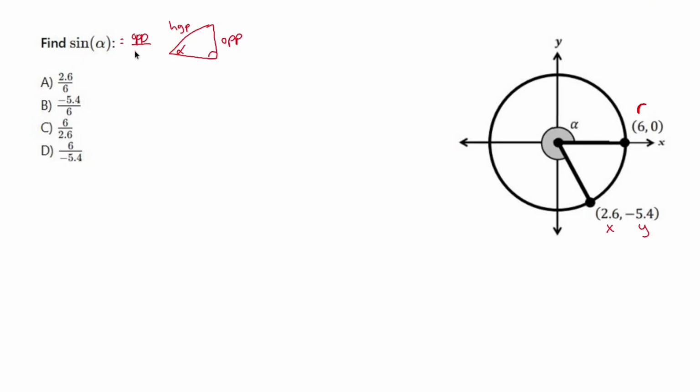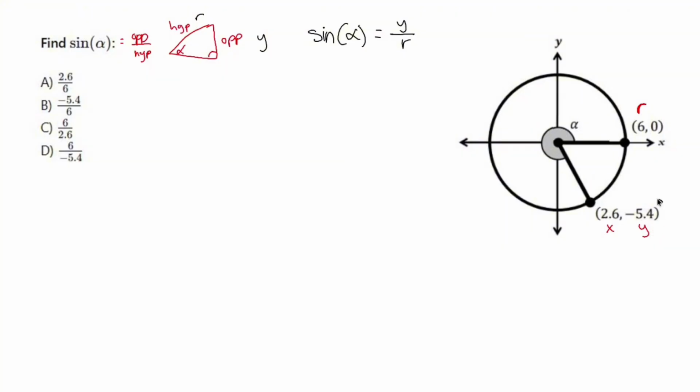The hypotenuse is always going to be my radius, and the opposite in this case is my y value, up and down. So sine alpha is the opposite, which is y, over the hypotenuse, which is r. So try to memorize the fact that sine is y over r.